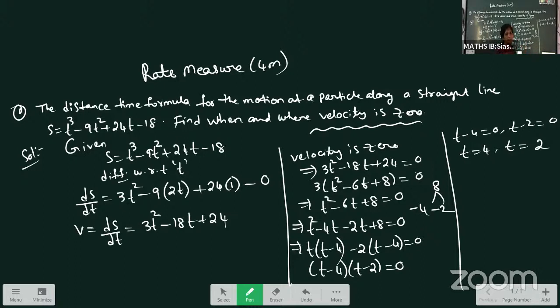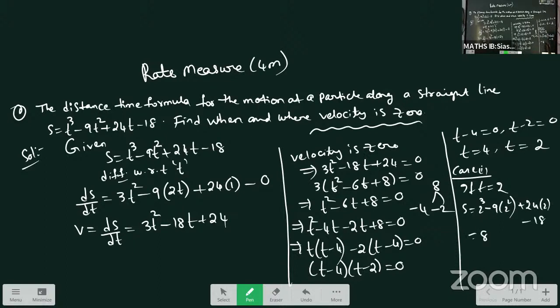But where? So what is the distance he is asking? So case 1: if t is equals to 2, find out s. s is equals to t cube, 2 cube, minus 9t square, 9 into 2 square, plus 24 into 2, minus 18.